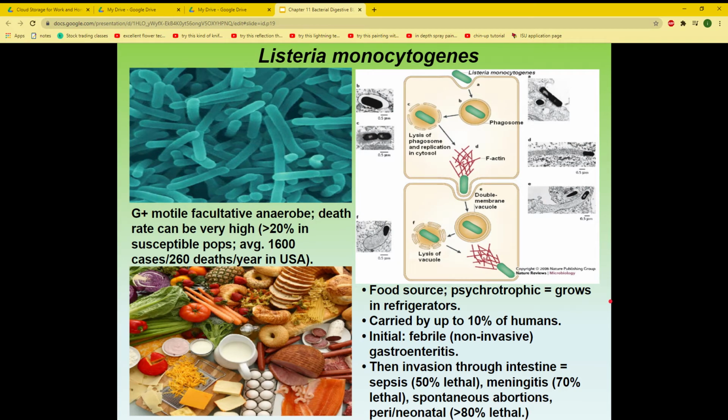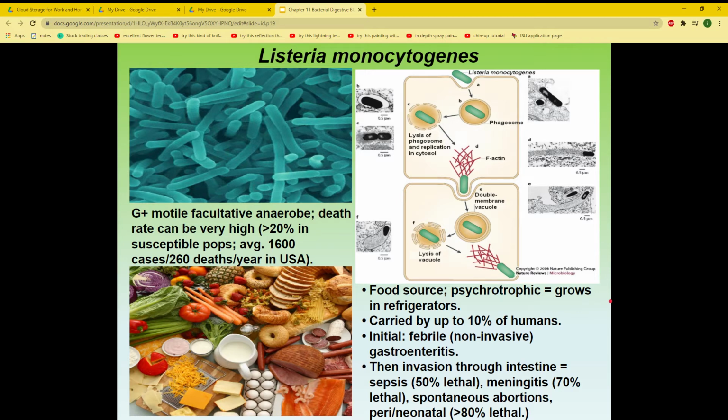Another bacteria that is important to think about is Listeria monocytogenes. This is a gram-positive bacteria that can actually move around. It's a facultative anaerobe, meaning that it's able to grow in areas of low oxygen.